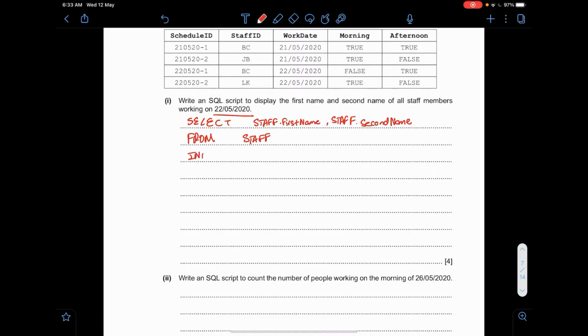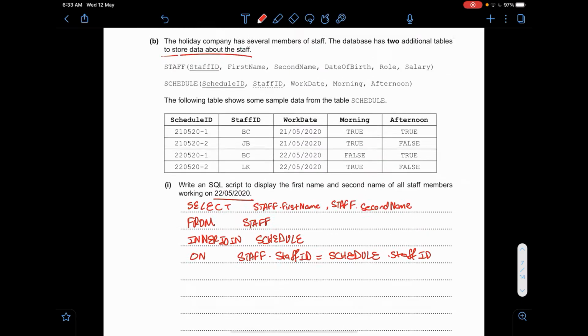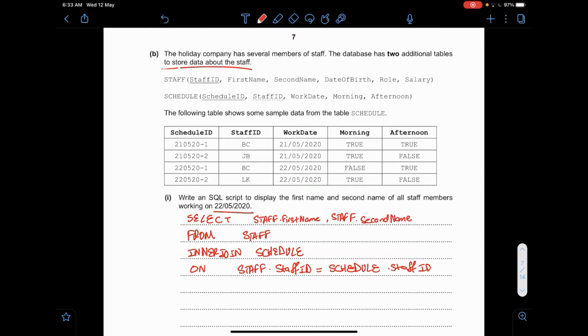You're inner joining on table schedule on staff ID. So you're gonna write staff table and its primary key, and the other table and its foreign key. So staff's primary key is staff ID and schedule's foreign key is staff ID.